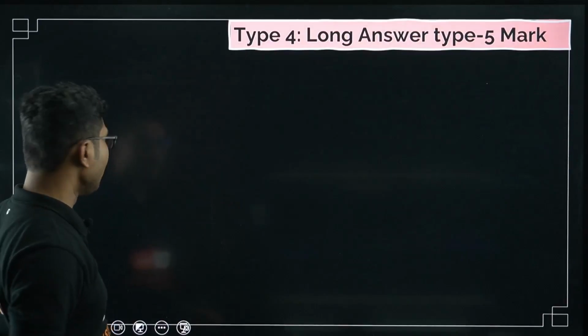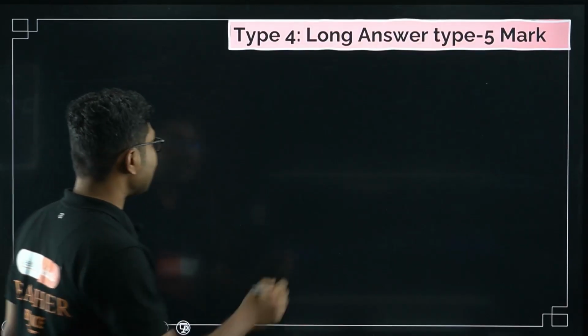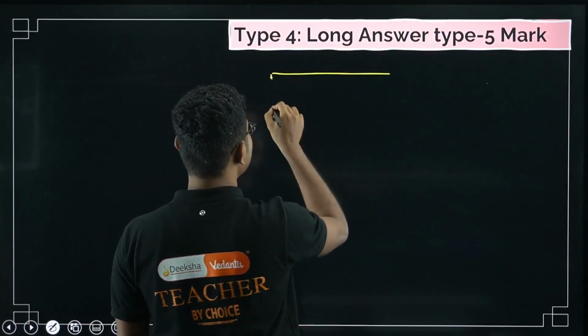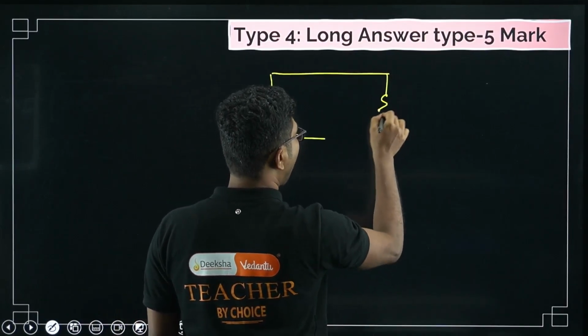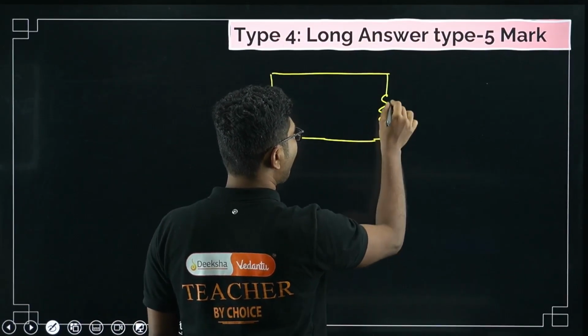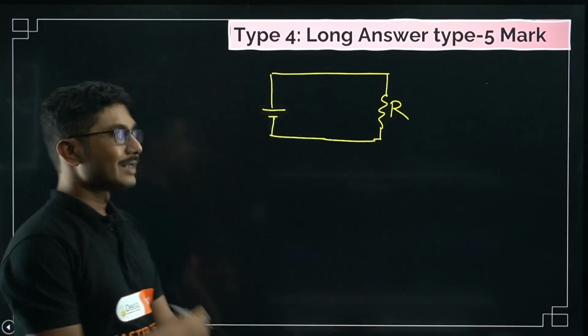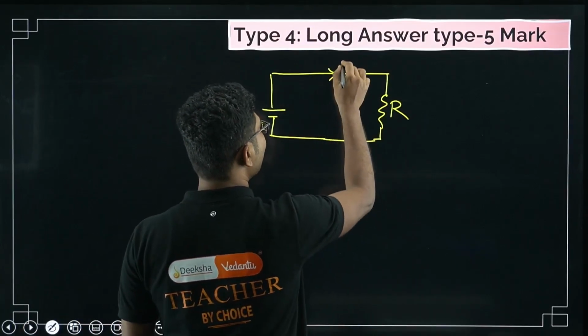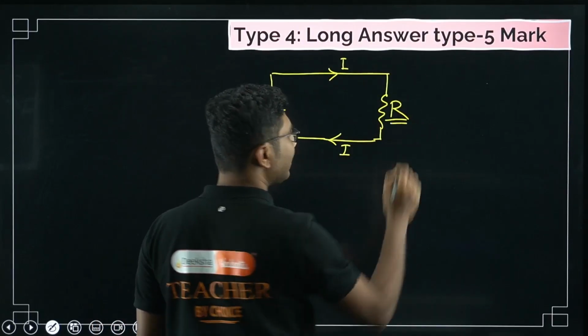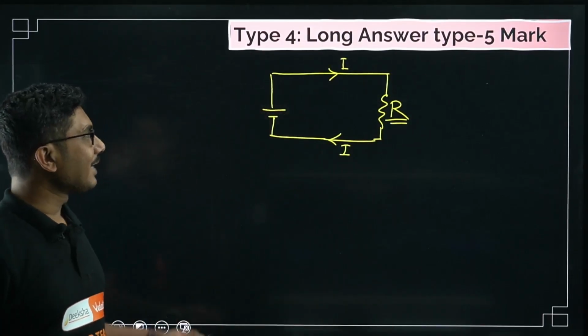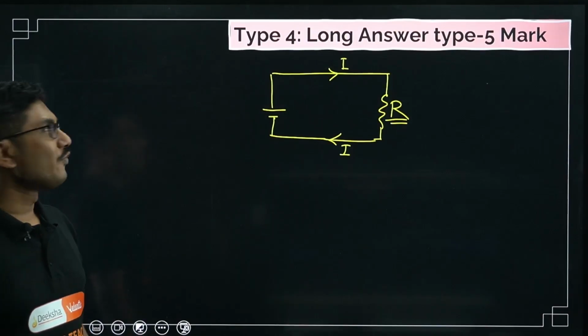And somehow if you can construct a circuit such that there is a 60 volt battery and one resistor connected such that the same current I is going in and the same current I is coming out, then this is basically your R equivalent, right? If we can find this I, so how to find this I?